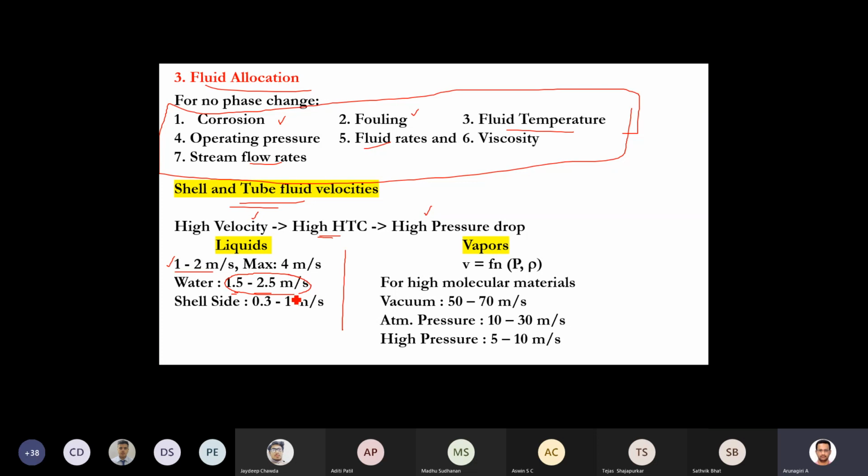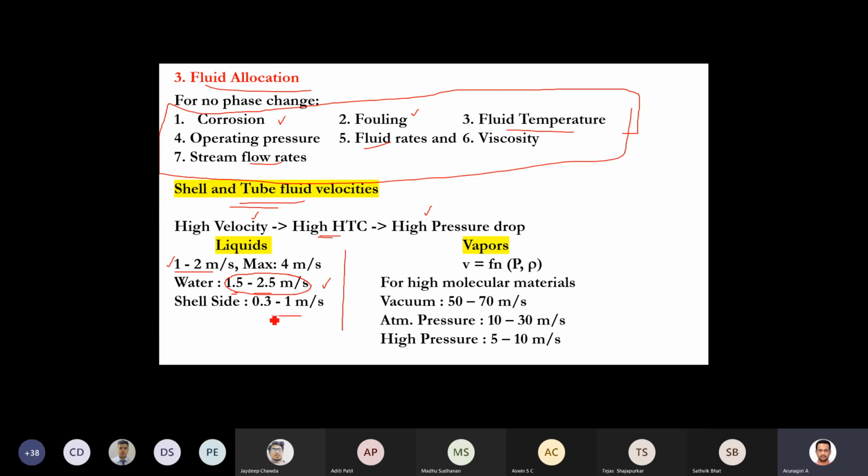Once you calculate the mass flow rate in tube side and fix the dimensions of the tubes, you can calculate the velocity using the cross-sectional area. Then you can check. If the velocity is on the lower side, you have to increase the number of passes. If it is on the higher side, you have to reduce the number of passes. So the velocity of the fluid will give a rough idea to optimize the number of passes.